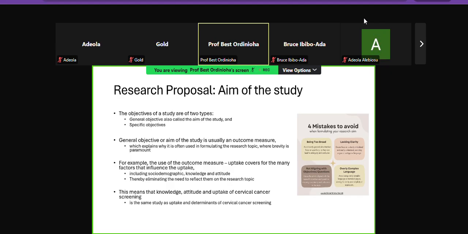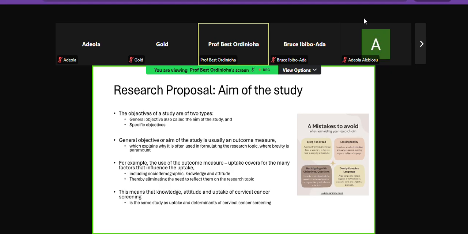In some dissertations they call it general objectives, and I'm sure that if you have done studies in other universities other than the University of Port Harcourt, they would have used general objective. But the University of Port Harcourt wants you to use aim.